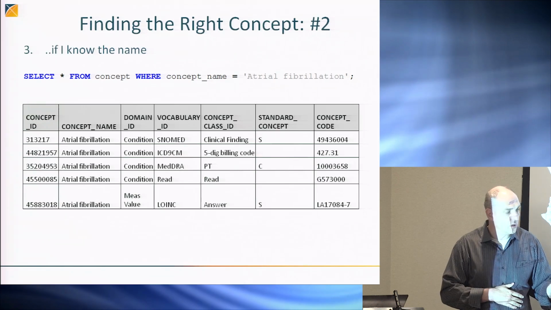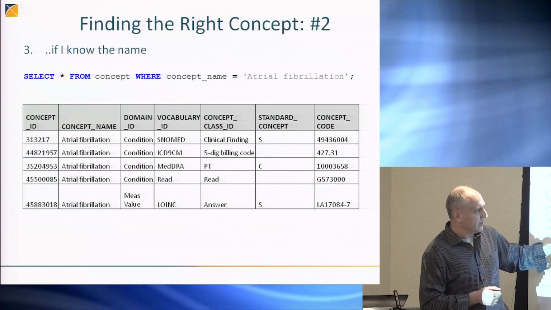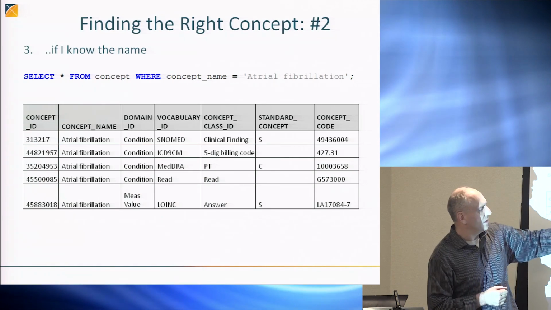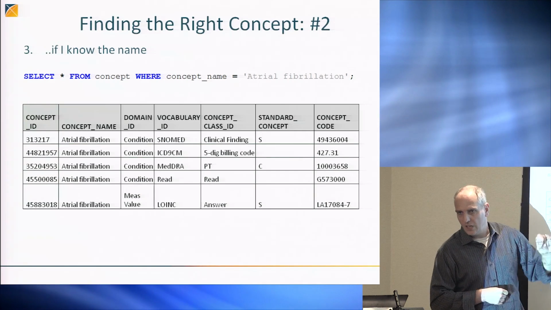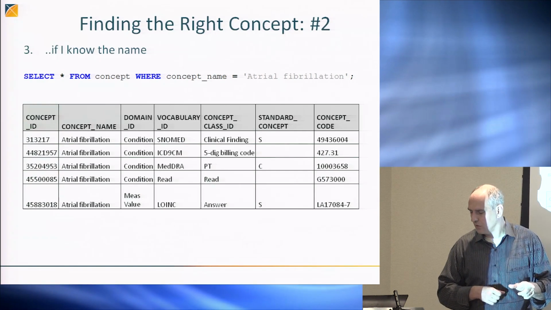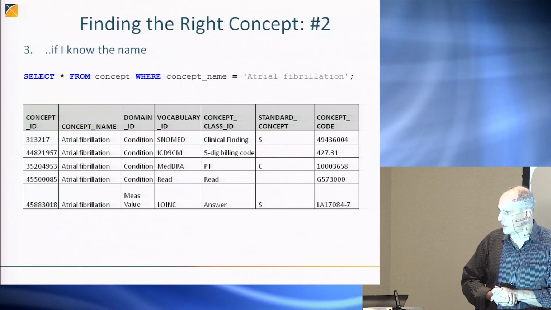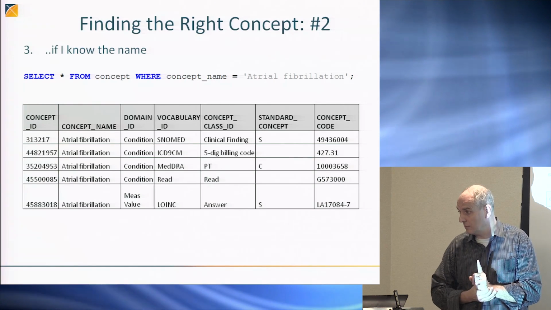Makes sense for the billing world, doesn't make sense for us. The ones which are important, which are standard concepts, and I'll tell you what standard concepts are in a moment, don't do that, they are clean. So the concepts which go into the OMOP CDM patient tables, the clinical tables, are all clean. They're only one thing.